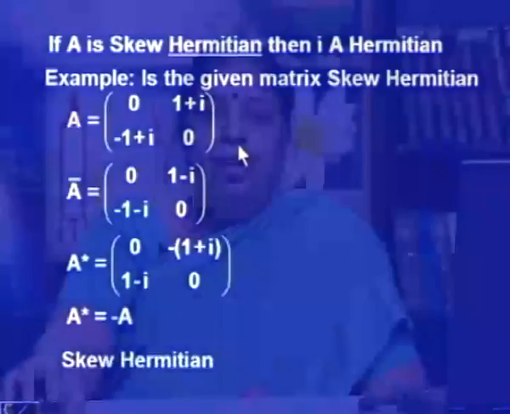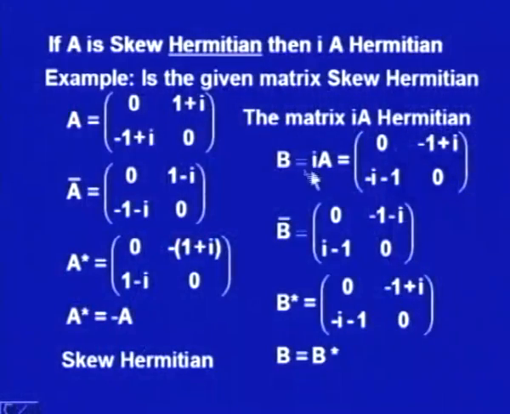So, let us do it here. The matrix iA is Hermitian. So, we multiply this matrix A by i, let us call this matrix B. 0 multiplied by i, this remains as it is. So, diagonal elements are not affected, but this element will become minus 1. Why?